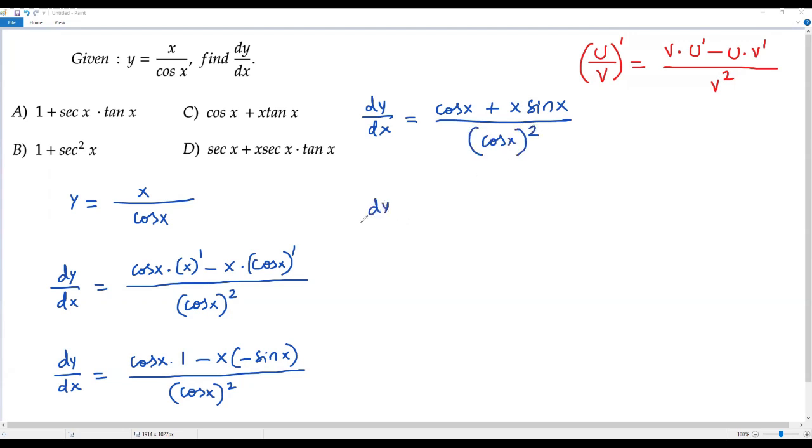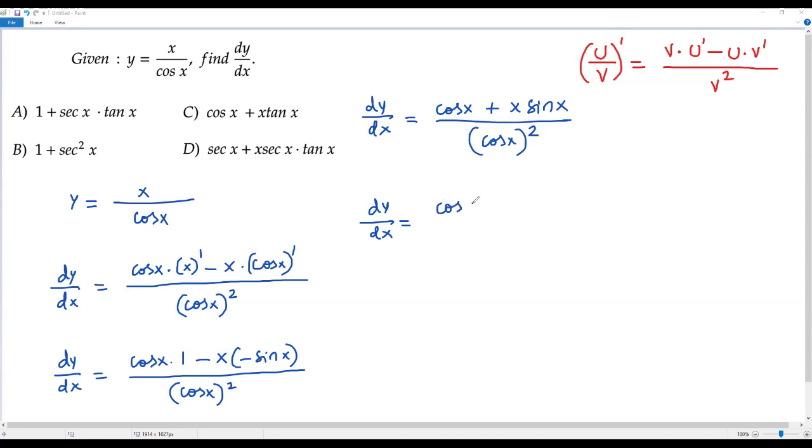Now let's look at the previous step. Here two terms are being added in the numerator, and cosine x the whole squared is a common denominator for the addition of these two terms. Whenever we have a common denominator for the addition of two terms, we can take this denominator separately for the first term and separately for the second term, and then add the two fractions.